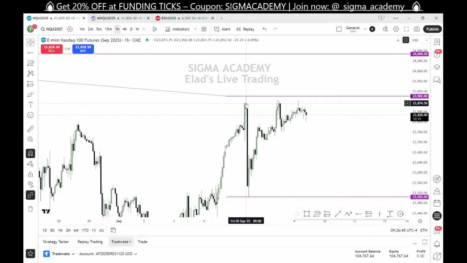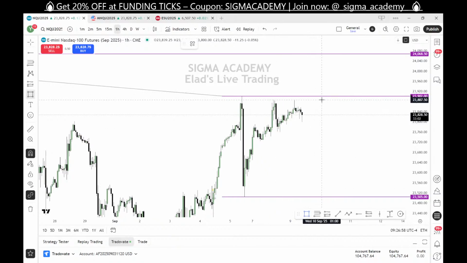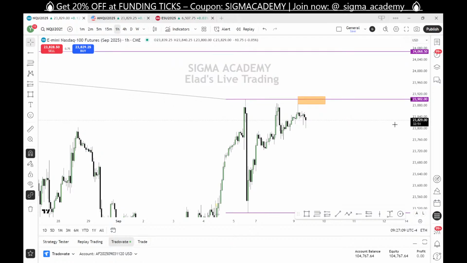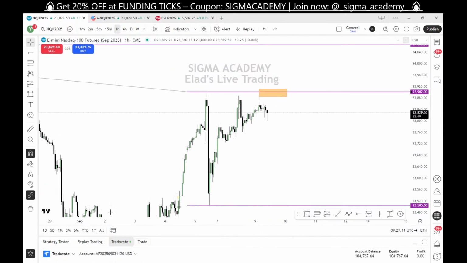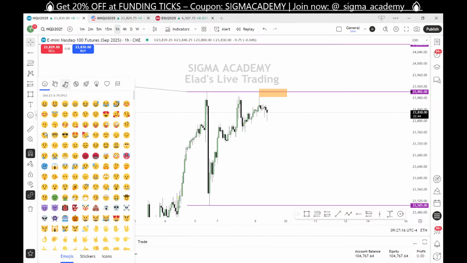So if you went short here and it went down again in the same area, it will be reasonable to place your stop order right here. In this idea, all of this area right here, there are a lot of stop orders. So it will act as a magnet. Let's place a magnet.